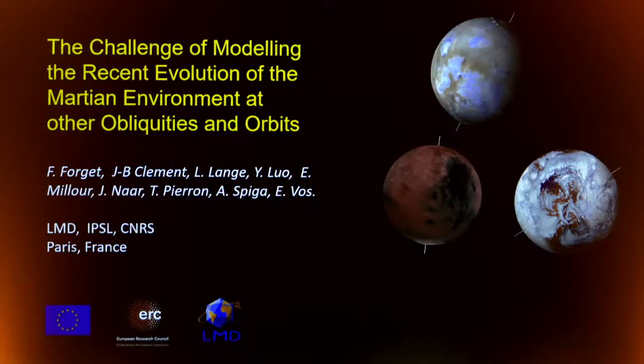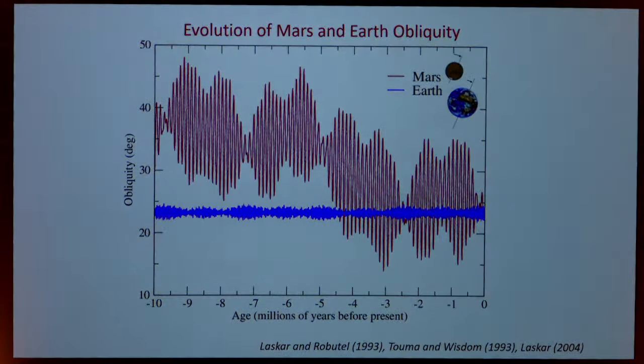So, following Jacques' talk, I wanted to introduce a series of other presentations that will come this week about the idea of exploring the possible climate at other obliquities and with other orbits and so on. I almost don't need to show this famous image, which shows that the obliquity varies a lot in the past 10 million years, between more than 45 degrees and down to 15 degrees.